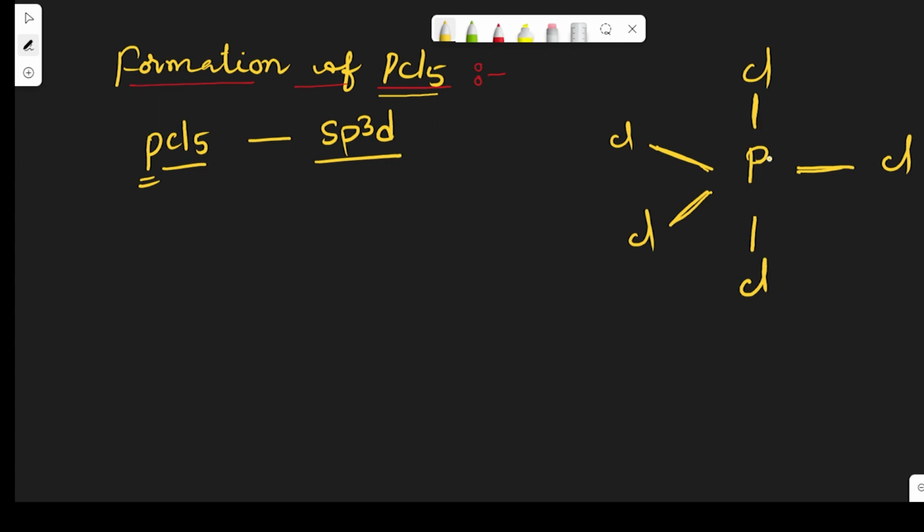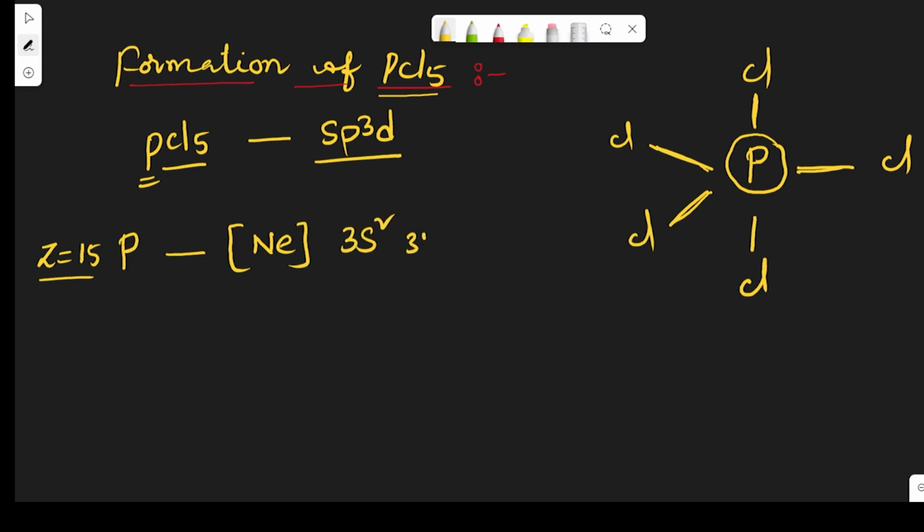So here let me discuss phosphorus. Generally we know phosphorus atomic number is 15, so its configuration is neon 3s2, 3p3 and 3d0. This is the ground state electronic configuration of phosphorus.